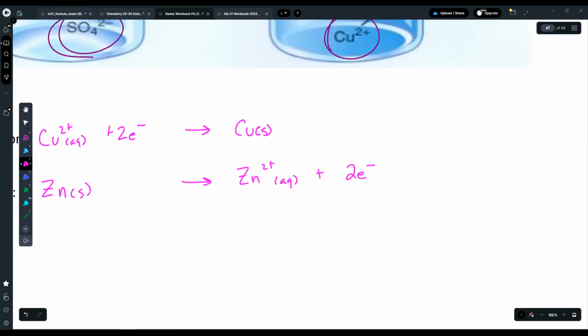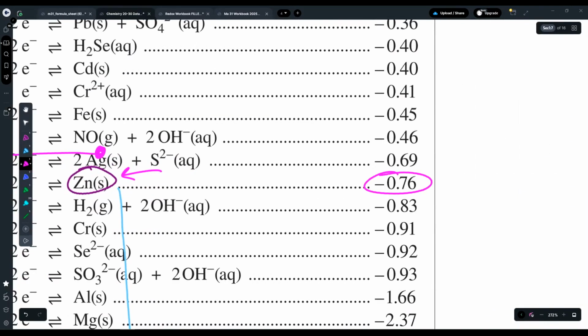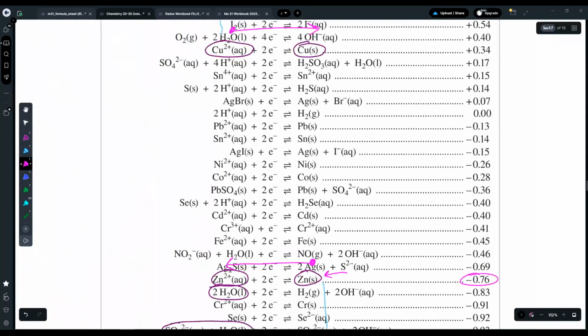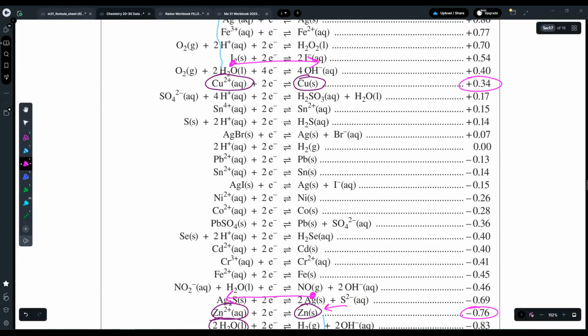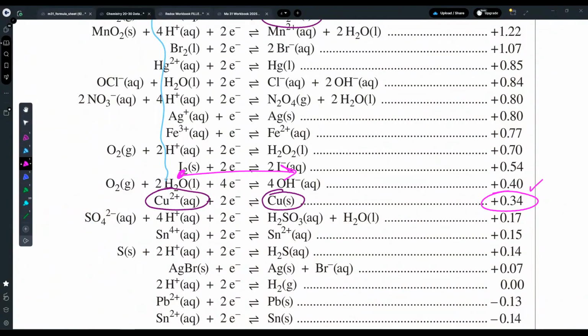One other thing that I want us to start writing out, a little bit extra to the question here, is using the voltages that are assigned to each reaction. With our cathode reaction, we had a voltage of 0.34. Since we wrote this reaction from left to right, we can use this.